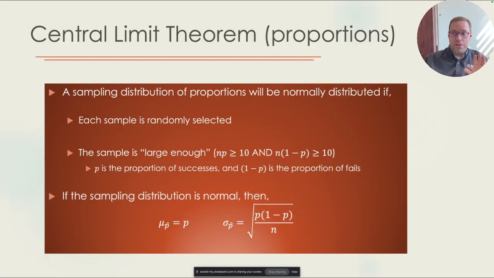Okay, I'll review this again when we get to that point. Also, the average of your sample proportion of successes is going to equal the proportion of successes for your population, and the standard deviation of your sample proportions of successes is going to follow this equation.